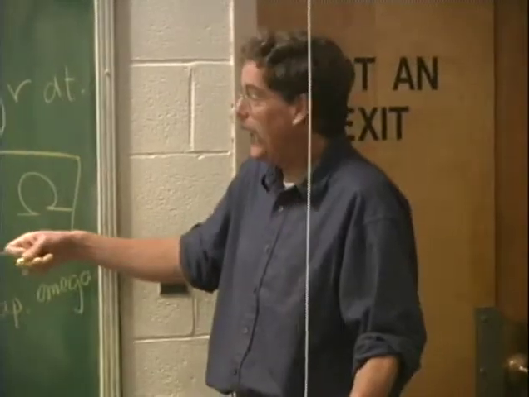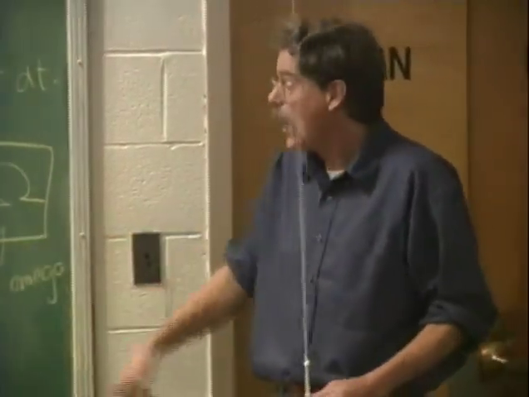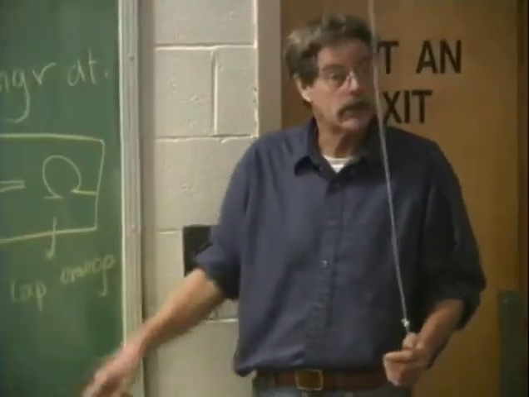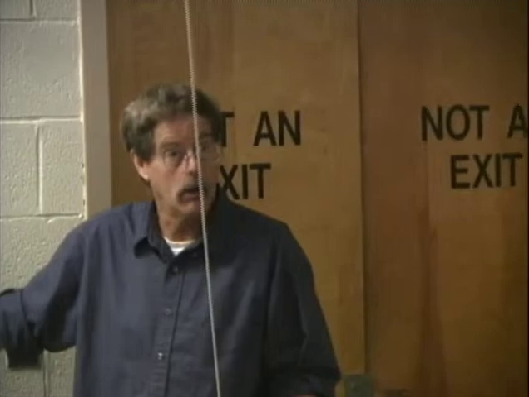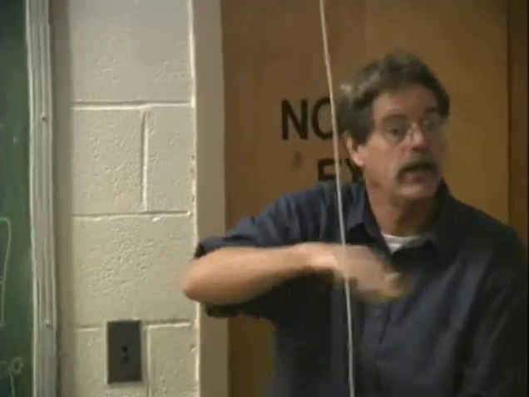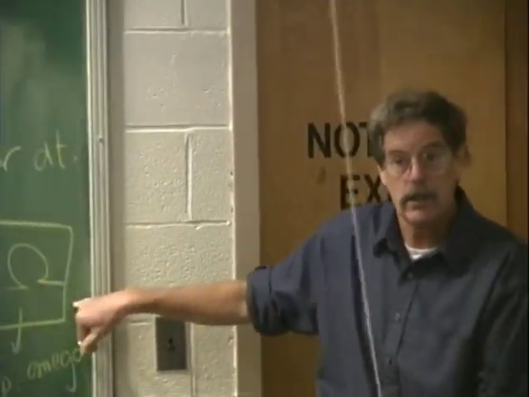This is the angular velocity at which it precesses. By the way, notice that as friction slows the wheel down, the spinning down, little omega gets smaller. What happens to capital omega? Actually it gets bigger. So the precession rate gets faster and faster as the spinning rate gets slower and slower. Very strange.